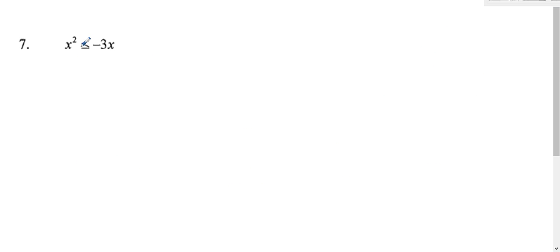When you throw an x squared into an inequality, you have to solve it as if it's not an inequality. So if that was an equation, instead it'd be equals 0. And then we're going to solve it by factoring. So we can factor x because that's a common factor.